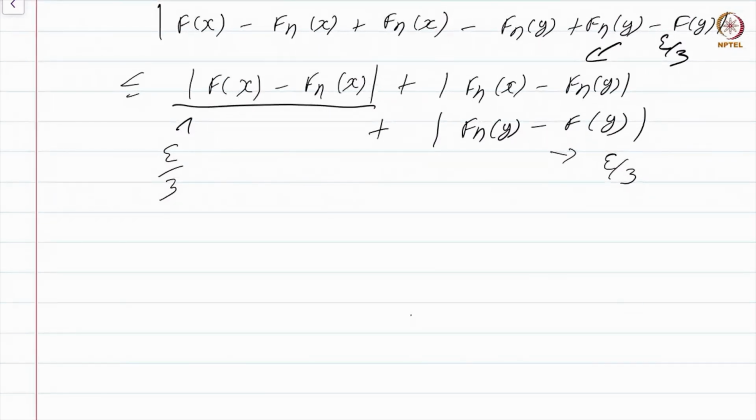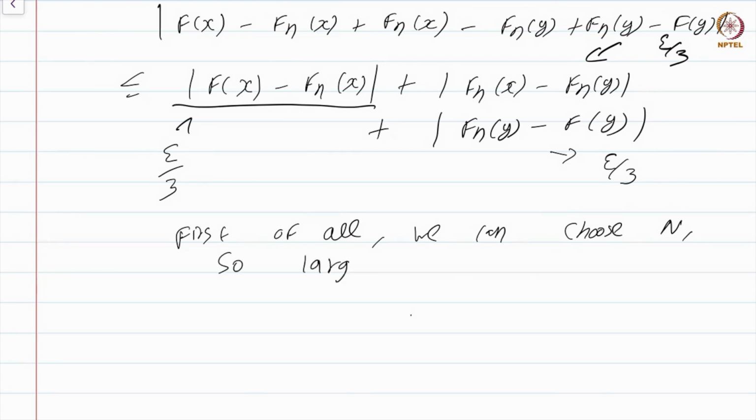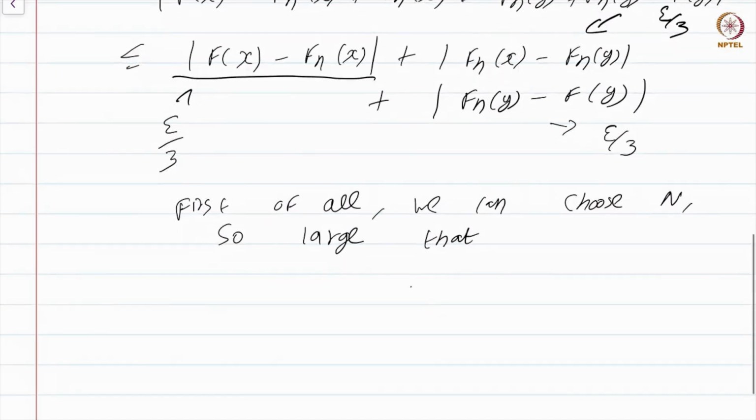First of all, we can choose capital N so large that |f(x) - f_N(x)| is less than epsilon by 3. We can do this simply because the sequence f_n converges to f(x).